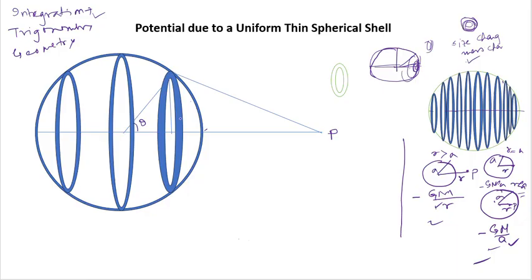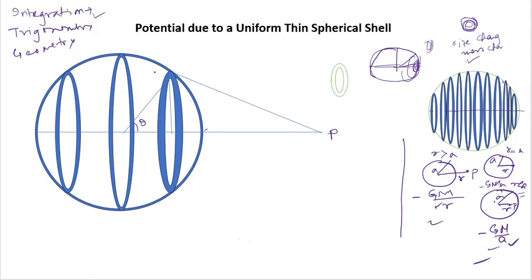When we learn about integration, we will get great detail about how we do the integration and why integration is needed. But here I'm not going into that detail. I know I have to add infinite rings, and I have to take a theta angle and change theta from 0 to pi, correct.